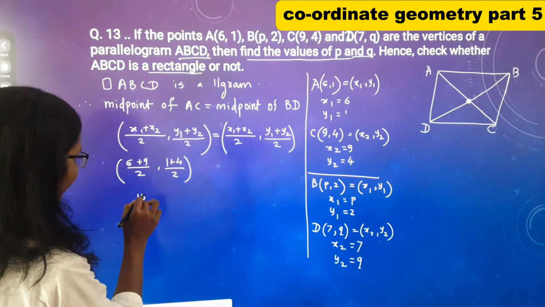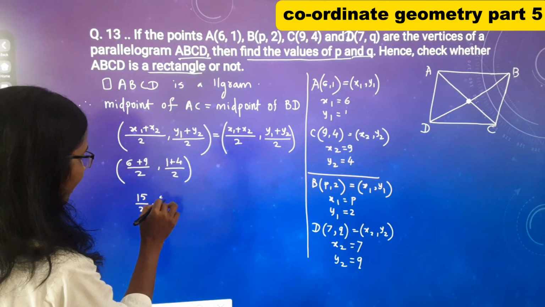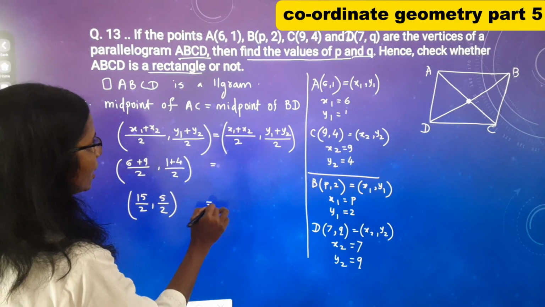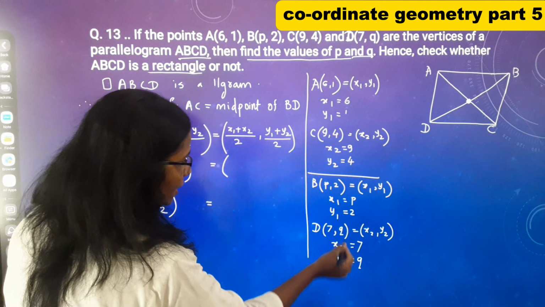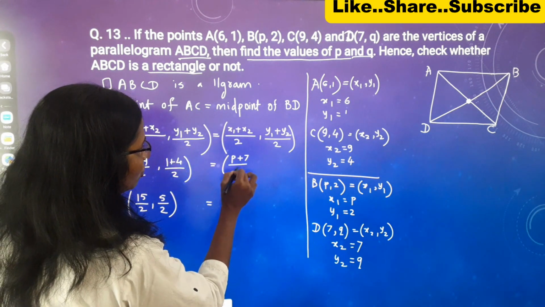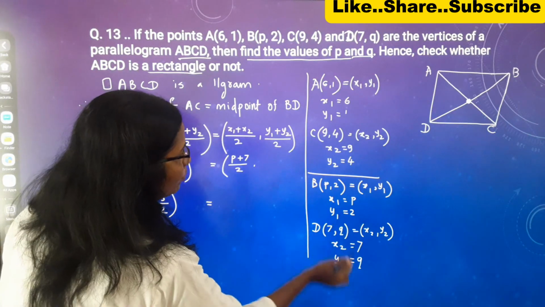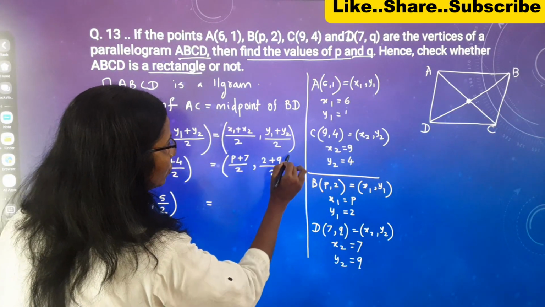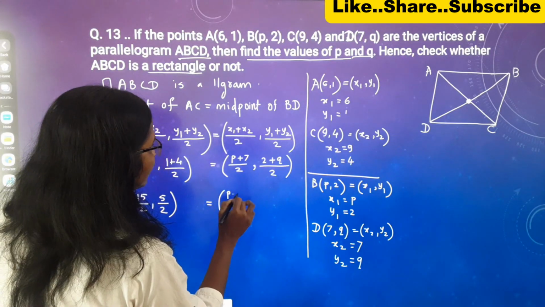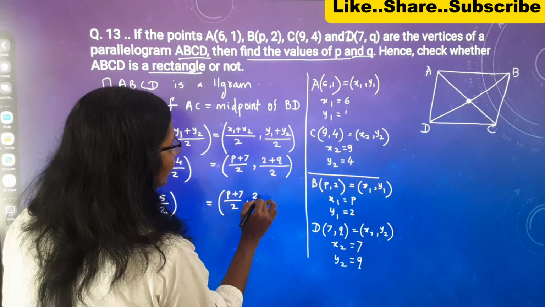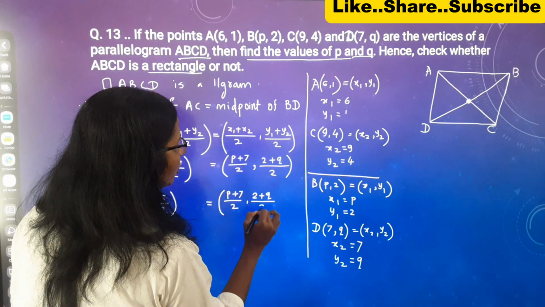So 15 upon 2 and 5 upon 2. Which is equal to p plus 7 upon 2 and 2 plus q upon 2.